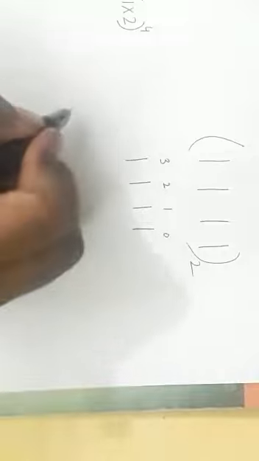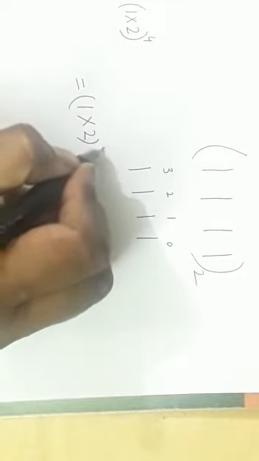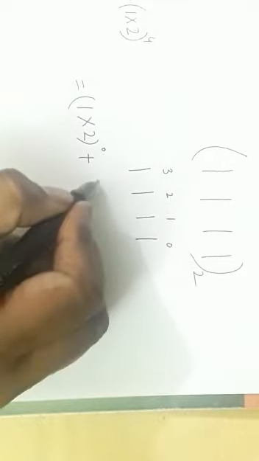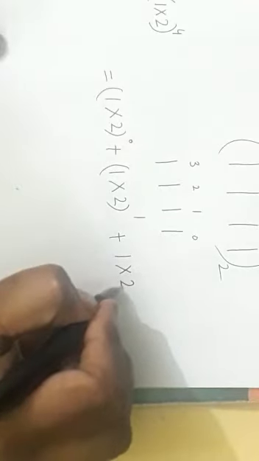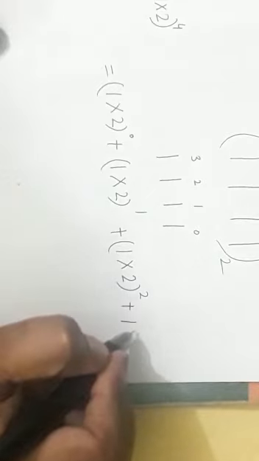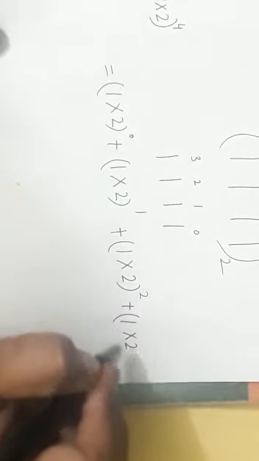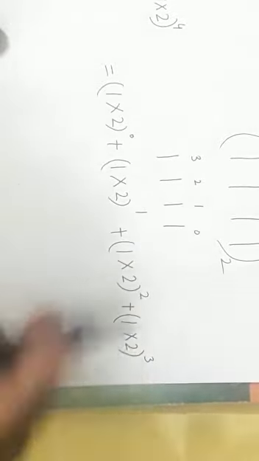Then equal sign: 1 into 2 power 0, plus 1 into 2 power 1, plus 1 into 2 power 2, plus 1 into 2 power 3. As you can see, 0, 1, 2 and 3.